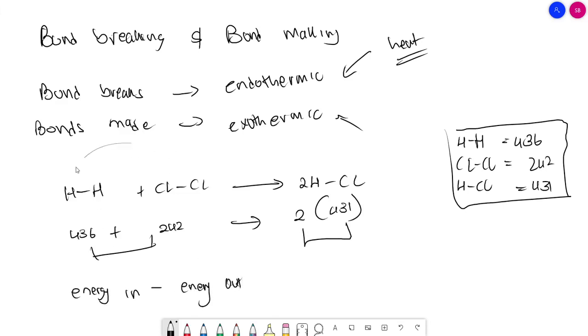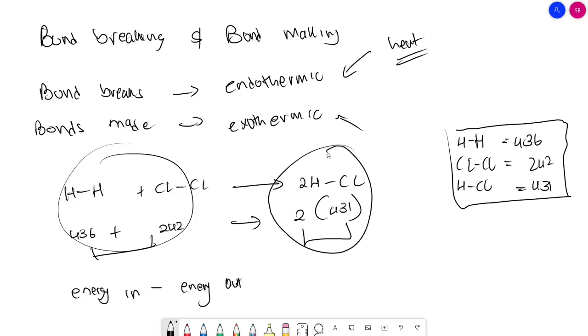So energy in would be on this side, and energy out would be on this side. Here the total will be 678, here the total will be 862. So you would do 678 minus 862, which will give you negative 184 kJ, because this is energy.